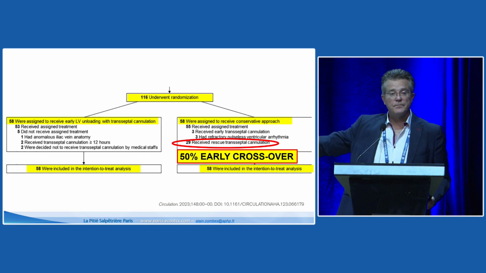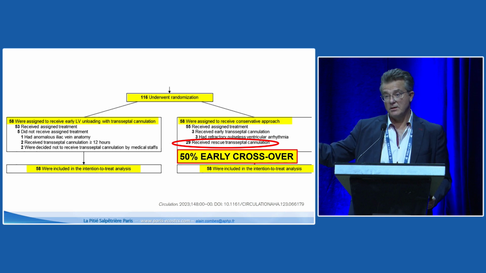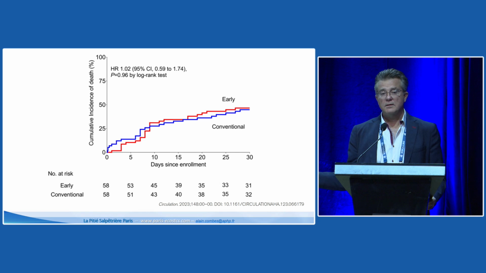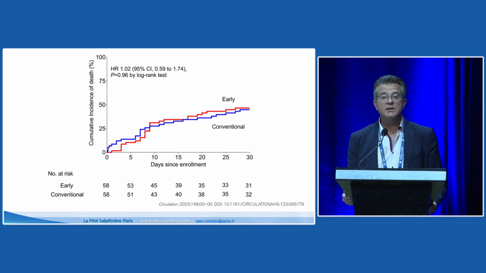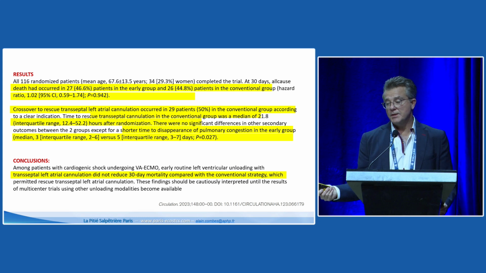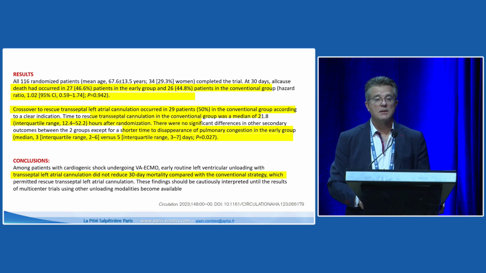But look here, in the control group, 50% of the patients got a cannula in the right atrium within 12 hours, so very rapid crossover. So you cannot demonstrate a benefit of a strategy when the rate of crossover is so high, and you end up with a conclusion that early routine unloading does not impact mortality.